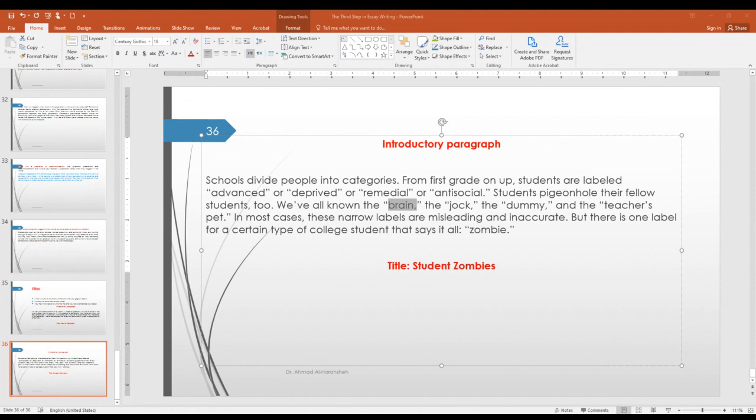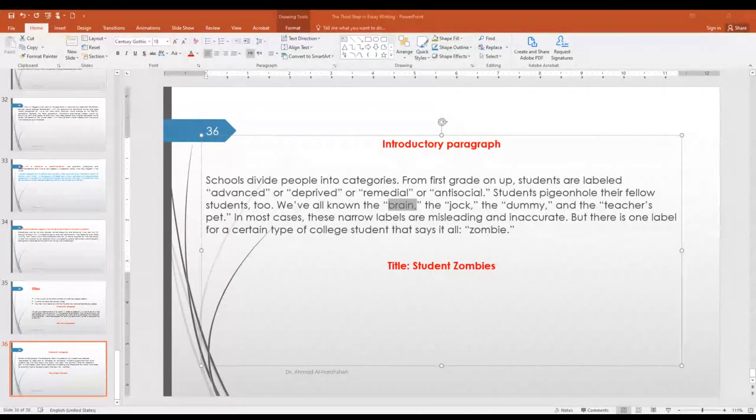Talk about general issues, as we said, video games, online shopping, online education, etc. There are so many topics, but stay away from politics.